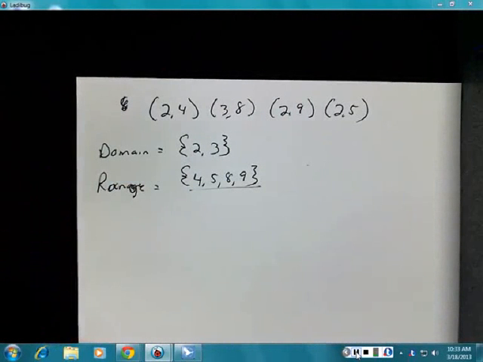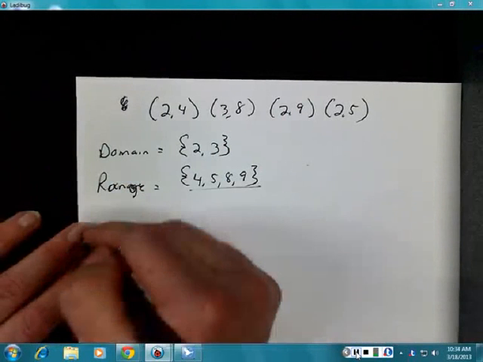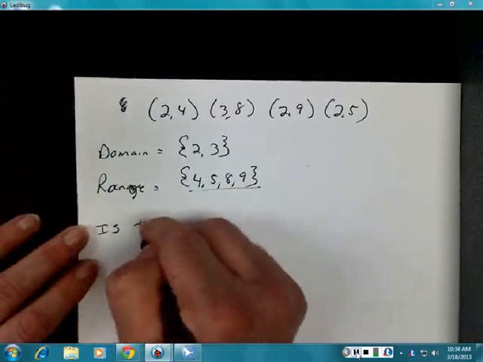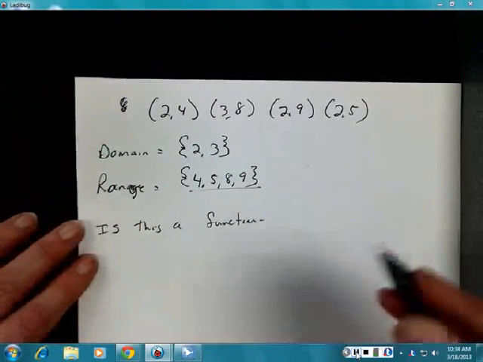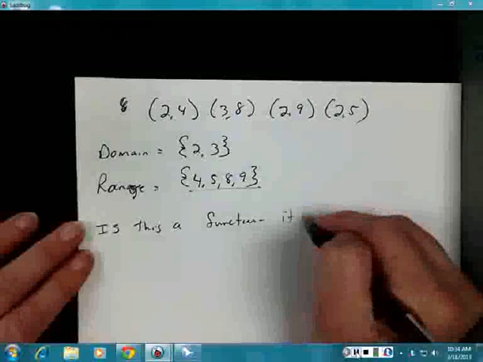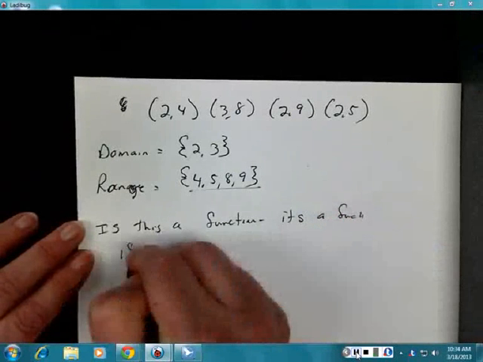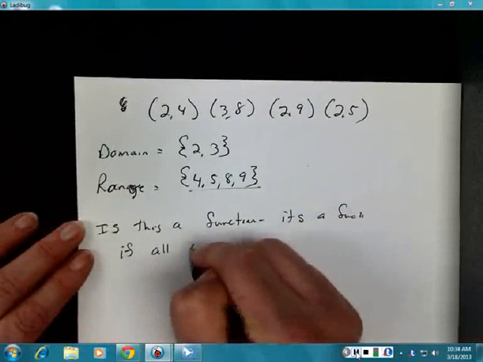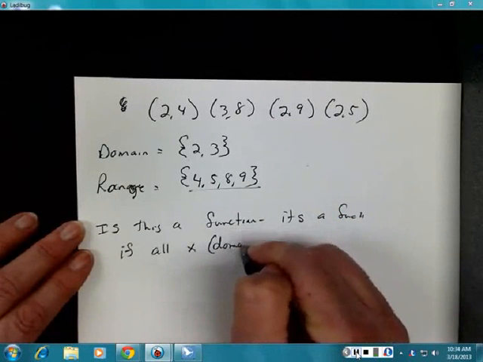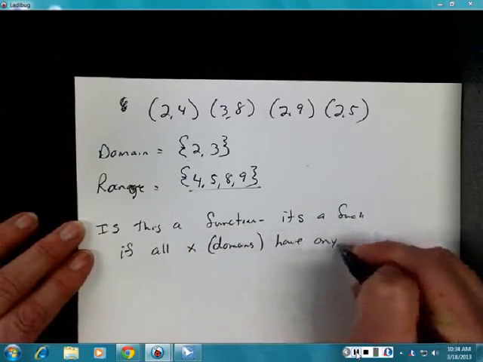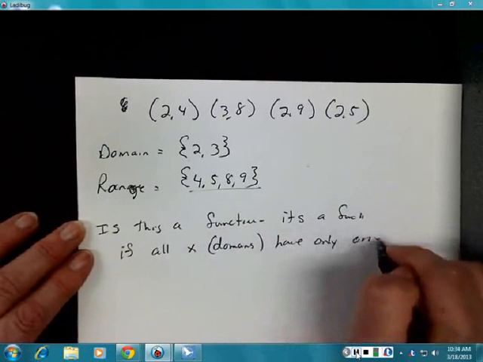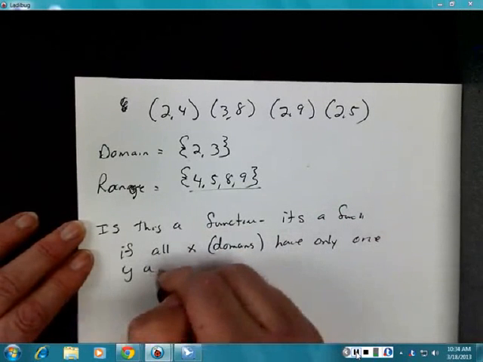Okay? So then what you start looking at is saying, is this a function? And it is a function if all x's, or the domains, have only one y associated with them.